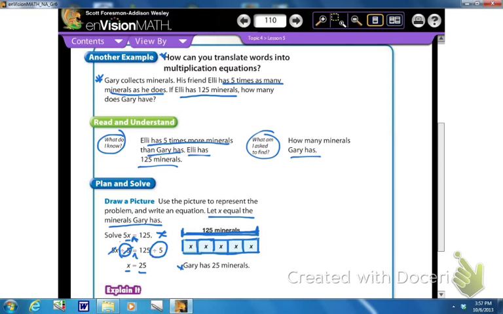We want to go ahead and check and solve to make sure that's right. They don't show that in the book, but they tell you to. And you should always check. So you should write the equation, 5x equals 125, and then plug in my x, that's 25. So is 5 times 25 going to get me 125? Yes, it sure will, every time.